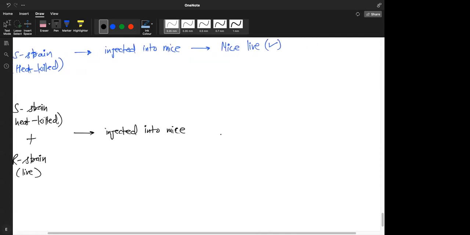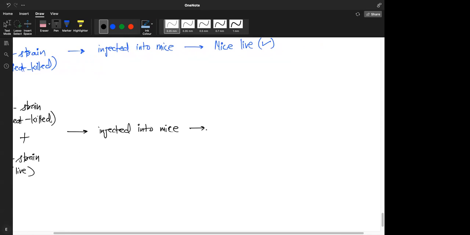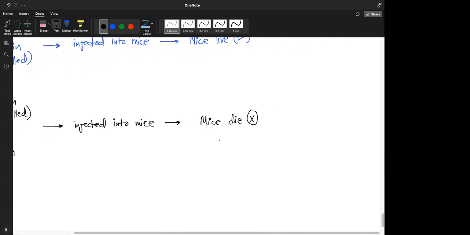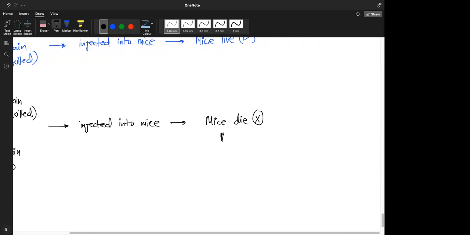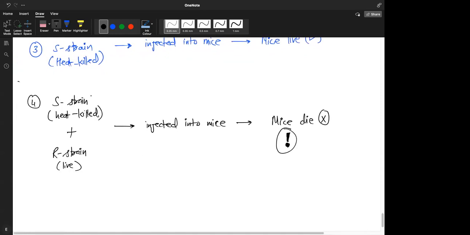Mice should live, but instead the mice die. Now, this is an interesting result, right? Why did the mice die? We thought that R strain is non-lethal, and that heat killed S strain is also non-lethal. Then why did it die?